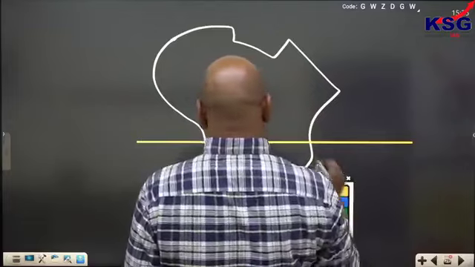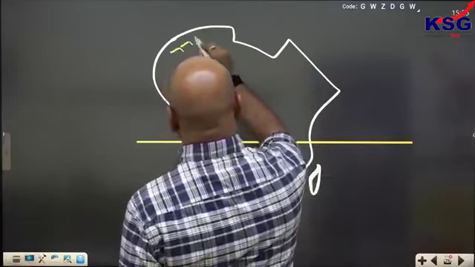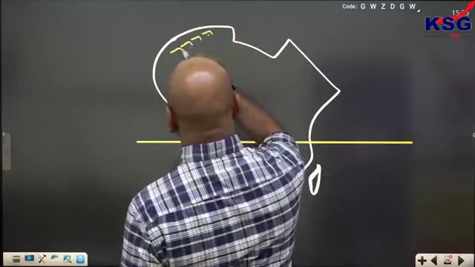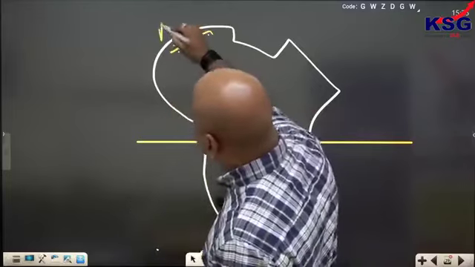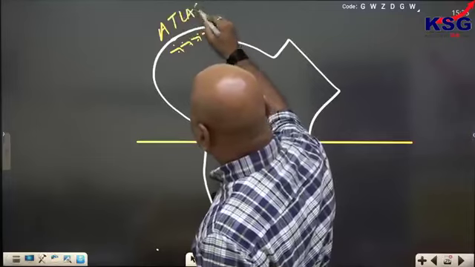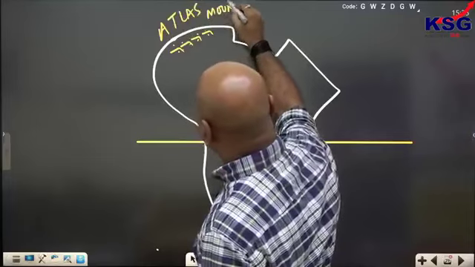You see here, there is a mountain in this part. Can you see that carefully? What is the name of this mountain? Atlas Mountain.